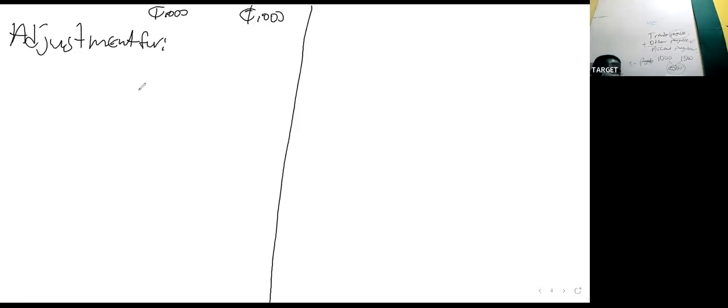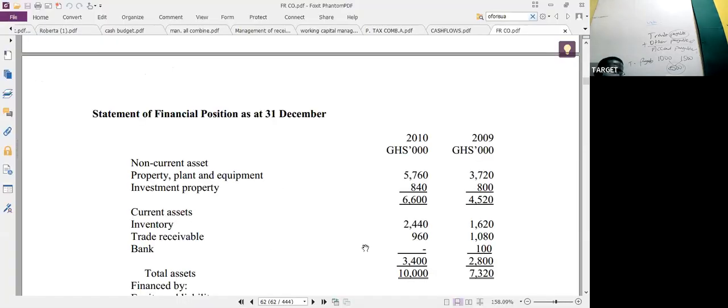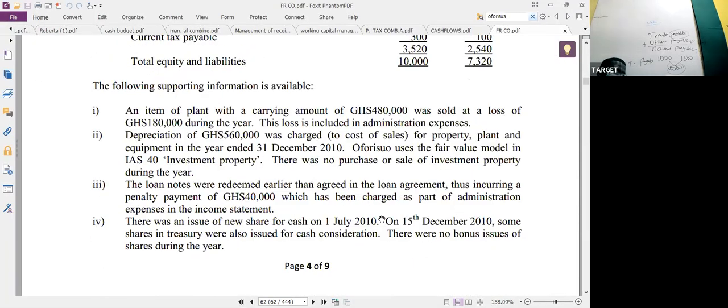Let's go. So write here depreciation. Depreciation in this question is what? Who can tell us? It's 556 or 56,000? I think I saw it in the question. Depreciation is in a note.